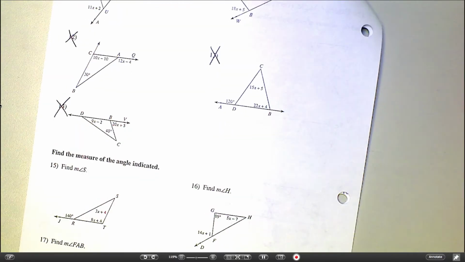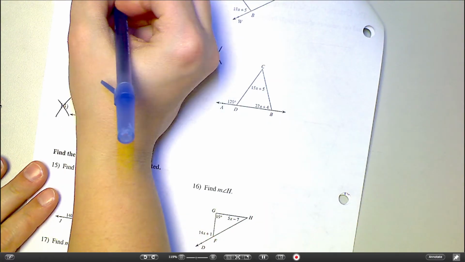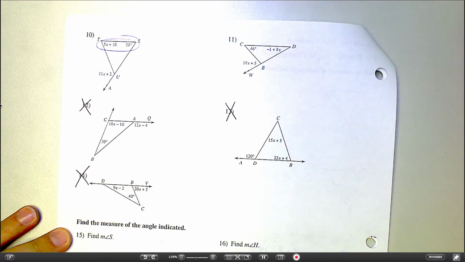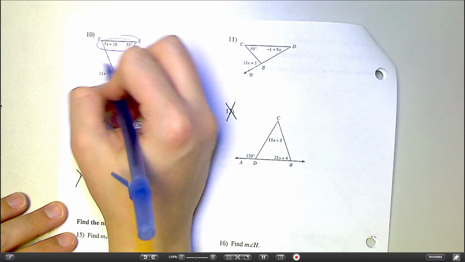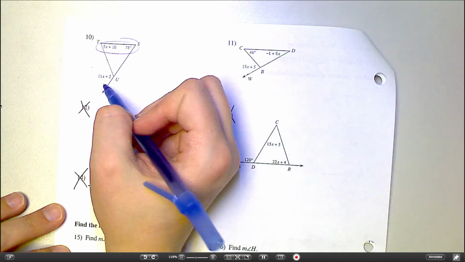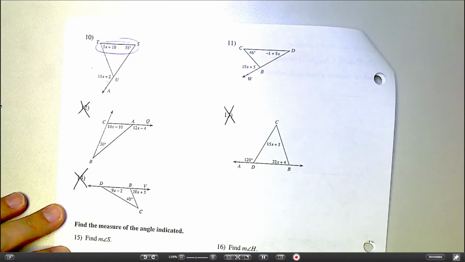Oh, let's pick one on the back to do. Number 10. Okay. Number 10, what do I know about these two angles on the top? I don't know that because I don't know if these sides are equal. But what do I know about them in relationship to this angle on the outside?